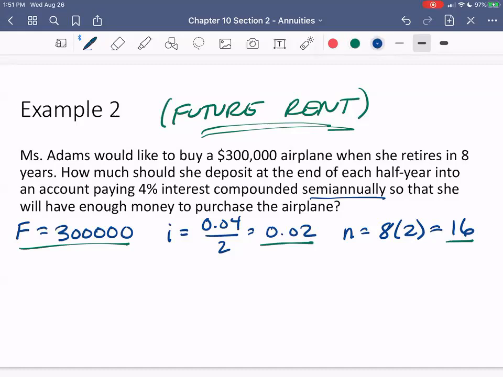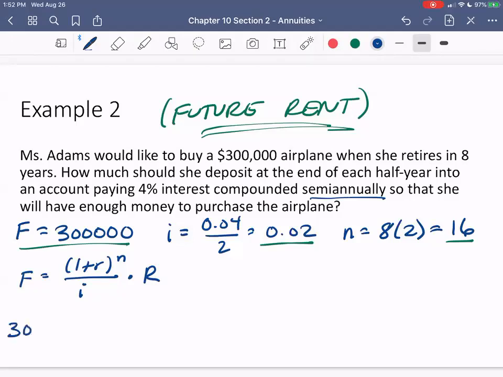Now, when we substitute it into our equation, it says F equals 1 plus I to the N power over I times R. When you start substituting in, you're going to get, I'll write it right below it actually.